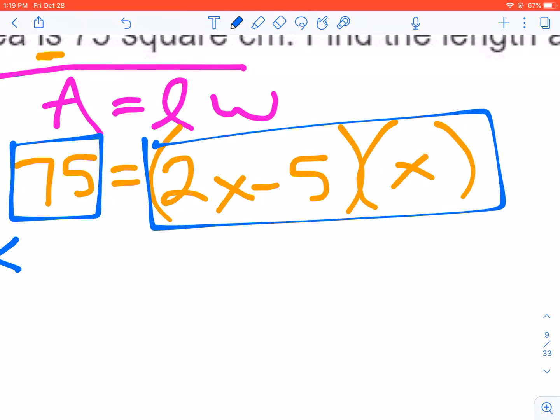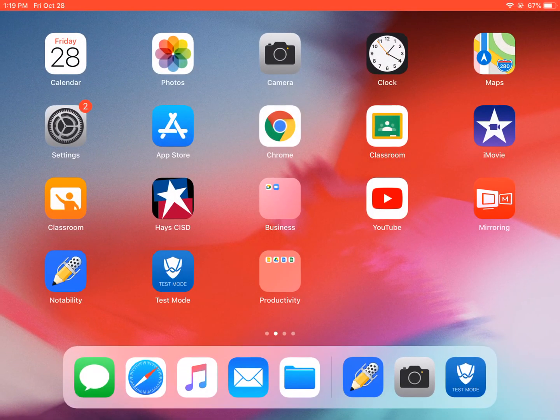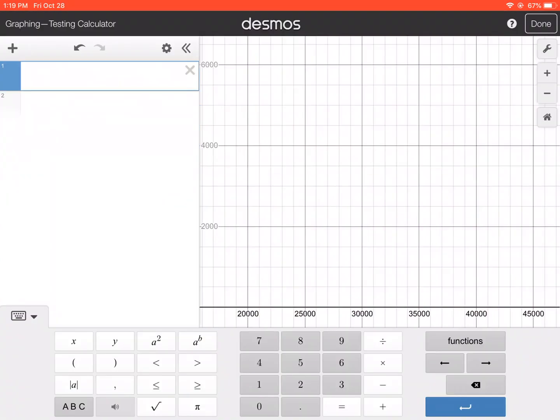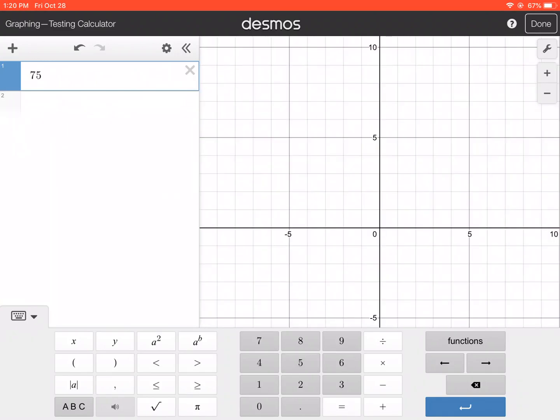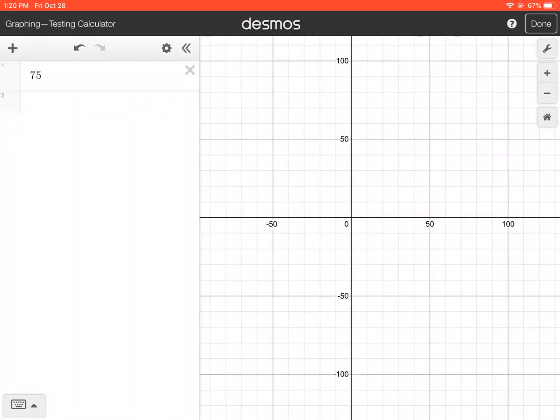And this is not going to work for us, and hopefully you're thinking what you need to do before you type in 75 on Desmos. I'm going to go ahead and type it in to give your brain a little bit of time to see if it can remember what to do. And you're typing this in with me, so scroll down and let's type these in. So we had 75, and I'm going to go back to a home screen so I can zoom out just to that 75.